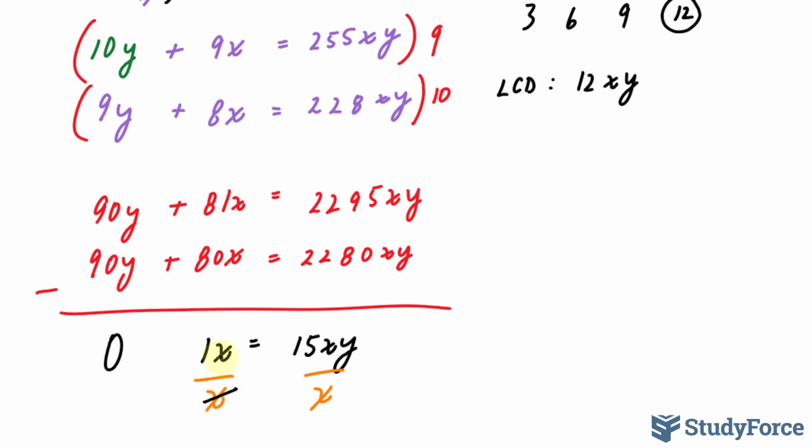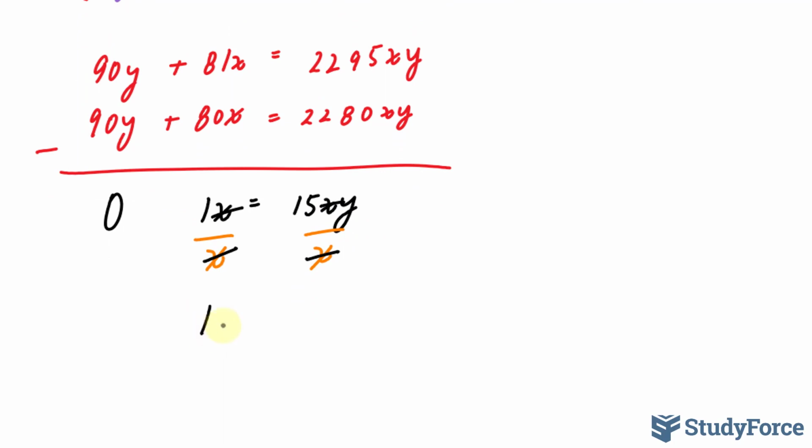So I'll cross this out with this, leaving me with 1 is equal to 15y. All I have to do is divide both sides by 15, giving me 1 over 15 is equal to y. So my y coordinate for this point of intersection is 1 over 15.